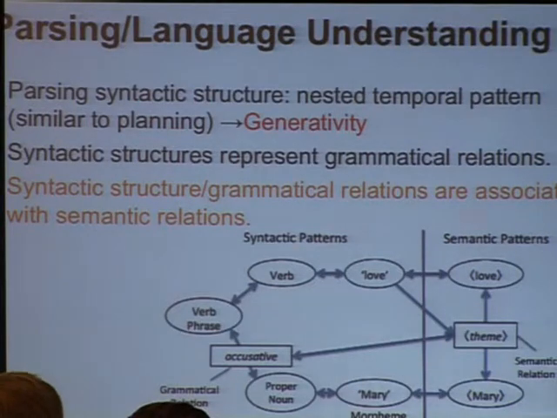Okay, the next slide is parsing and natural language understanding. Syntactic structure dealt with in parsing is the nested temporal pattern, which is similar to planning explained in the previous slide, and also is a case of generativity.